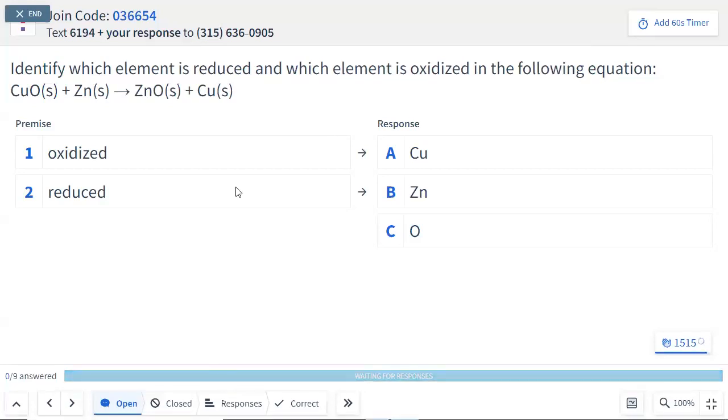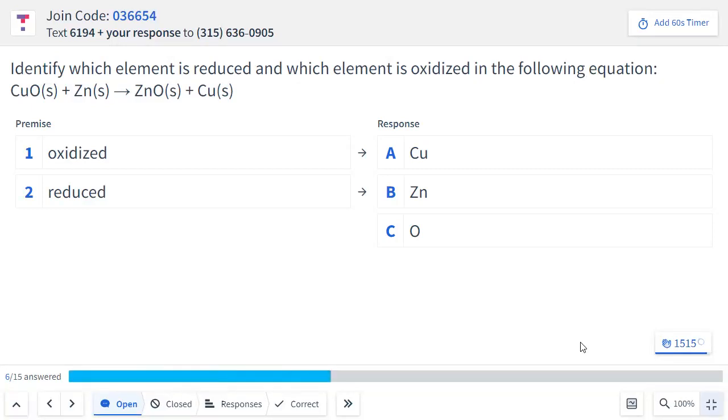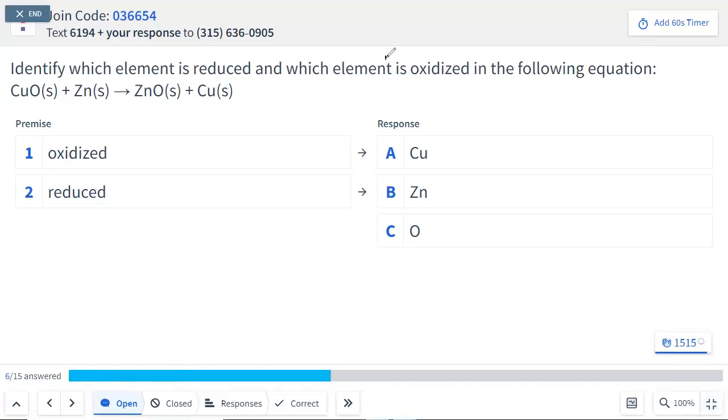So let's start with the first part here. Assign oxidation numbers to everything and figure out which element is being oxidized and which element is being reduced.